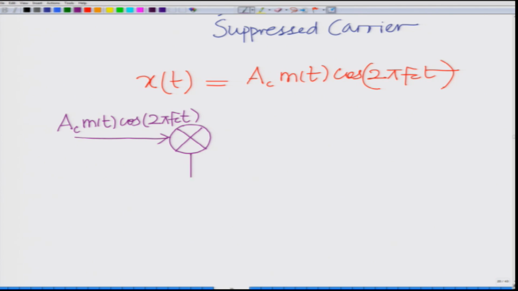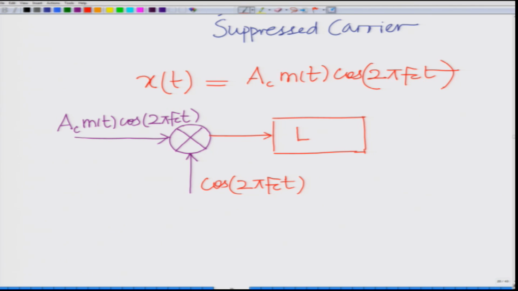This is the incoming signal, and this is the demodulating signal, that is cosine 2 pi f_c t, and the output is passed through a low pass filter, LPF.